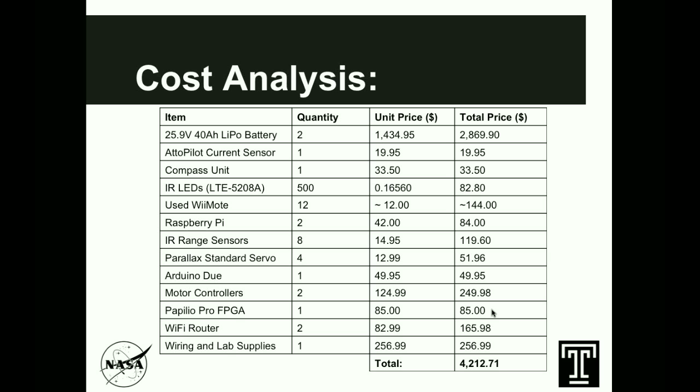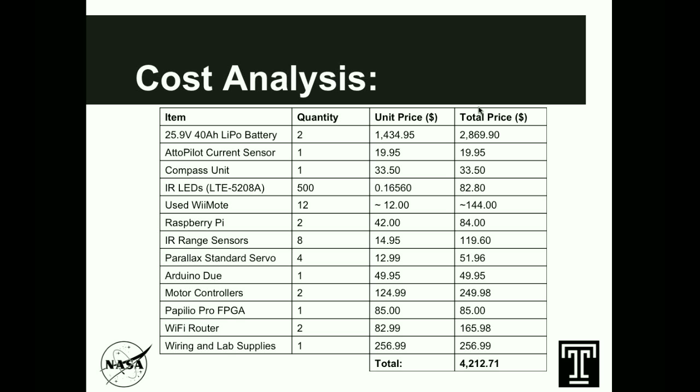Our budget, we have spent a good amount of money. As you can see, more than half of the budget is coming from these batteries, which have been used on many Lunabotics projects. A lot of these components have been used on many Lunabotics projects. We have purchased new the Raspberry Pi computer system.